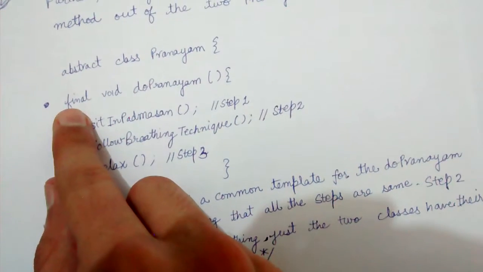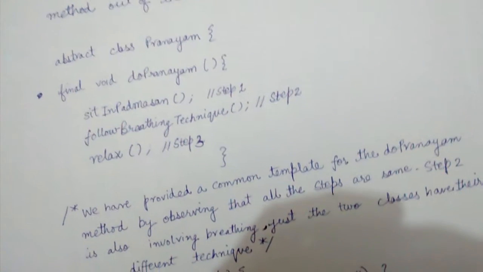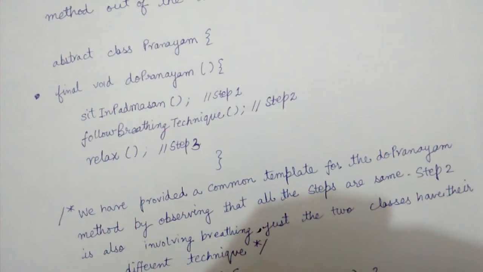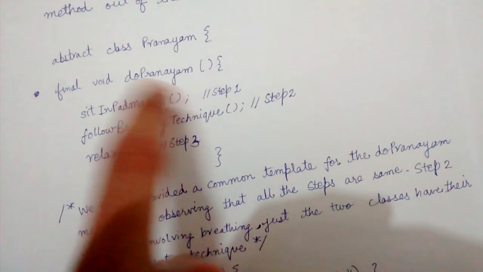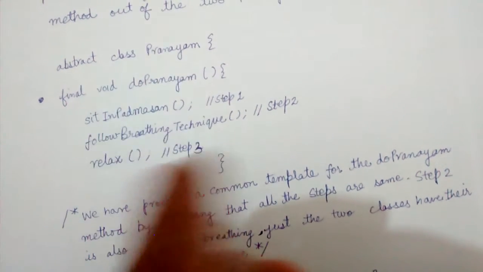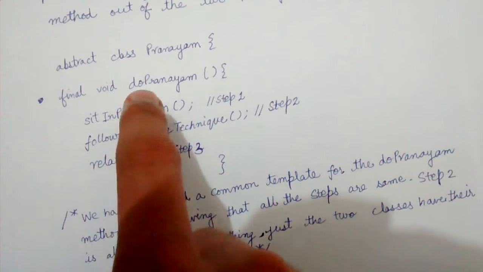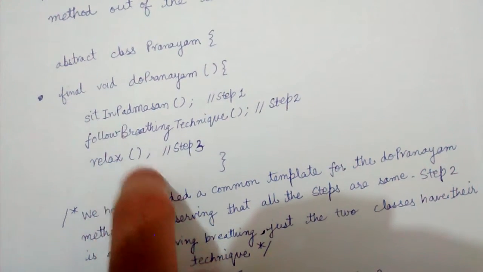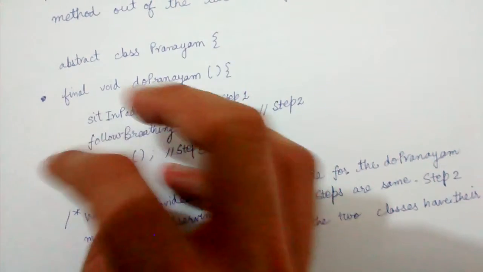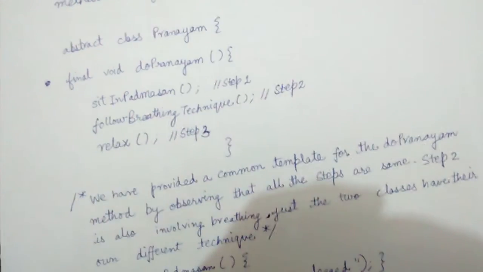Also we define this method as a final method because we don't want this method's implementation to change. So this is like an algorithm and we don't want the subclasses to change this algorithm. We want the subclasses to use the same algorithm. All the subclasses will use this algorithm. So this is like a template or maybe a blueprint which all the subclasses are going to use.